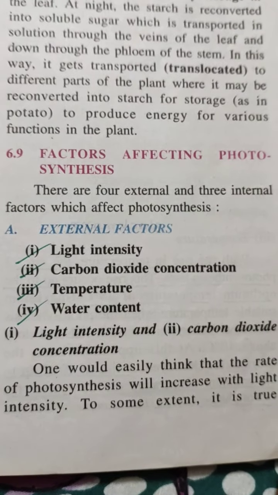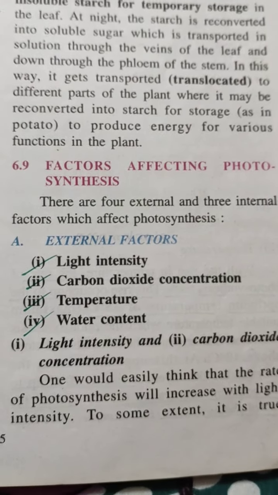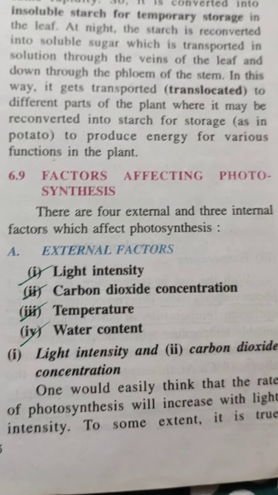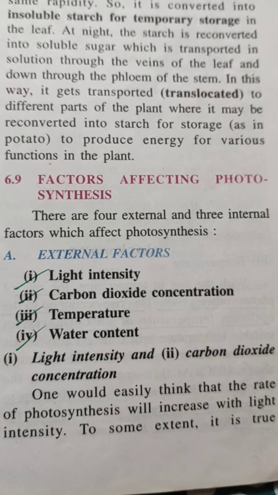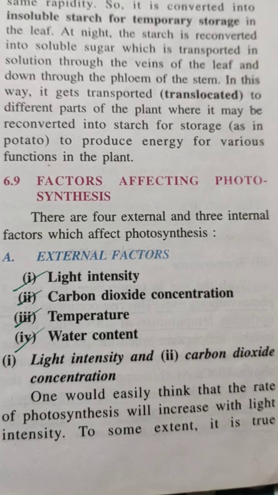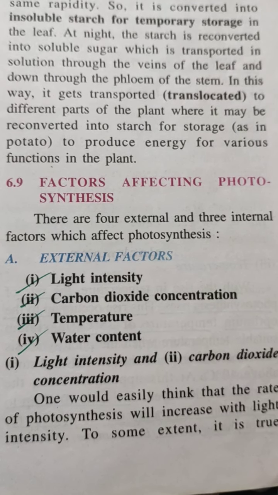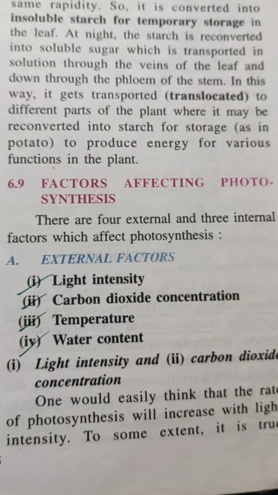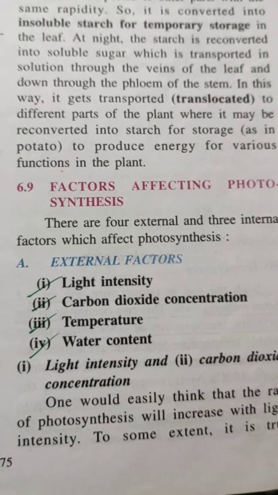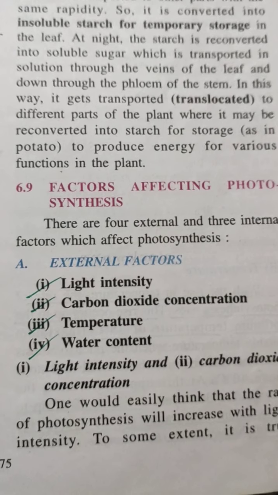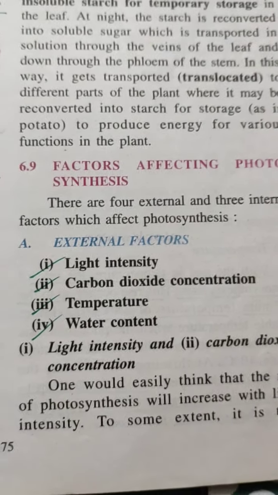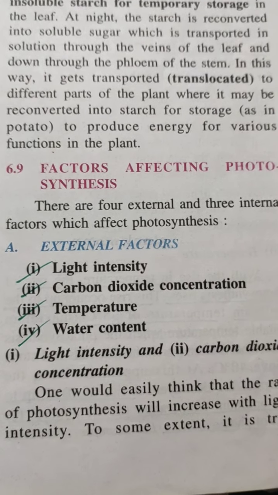Now the factors that are affecting photosynthesis, there are 4 external and 3 internal factors. Now external factors: light intensity, carbon dioxide concentration, temperature and water content. Now let us see how light intensity and carbon dioxide concentration are related to each other.